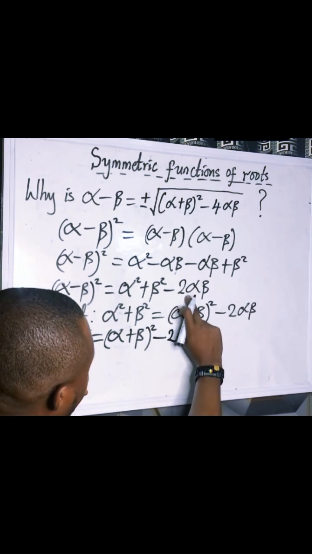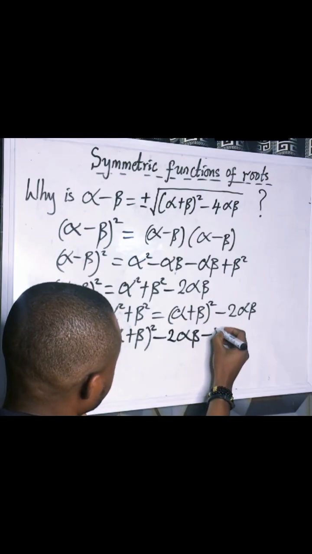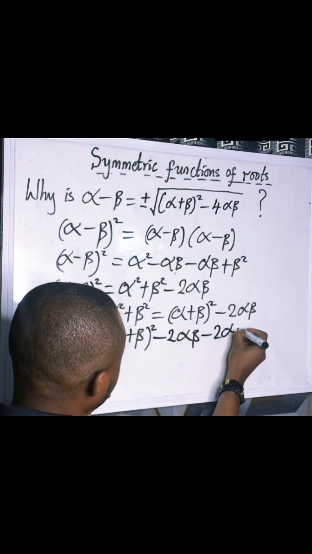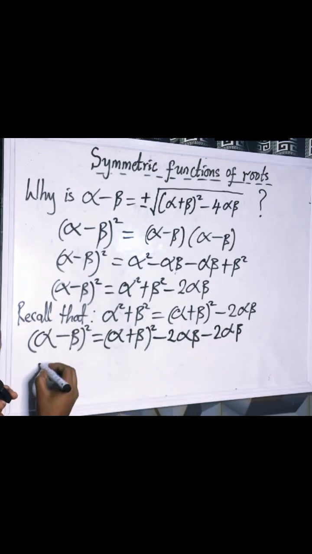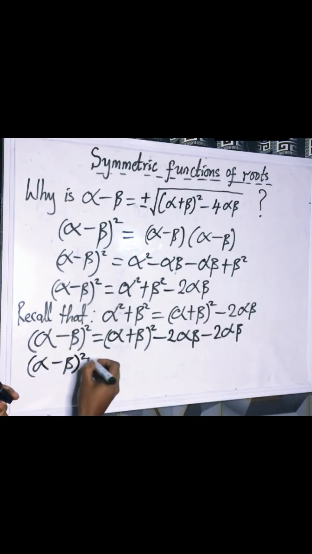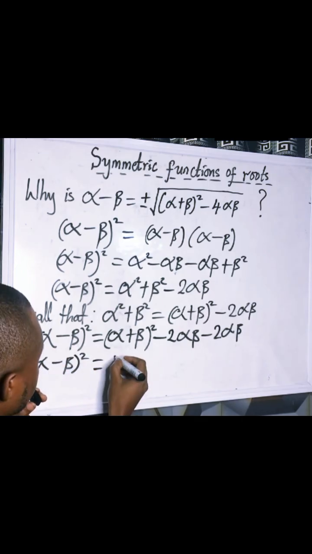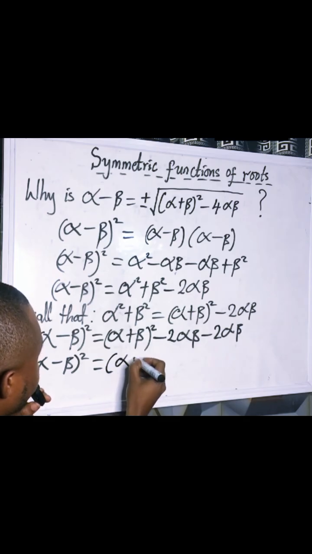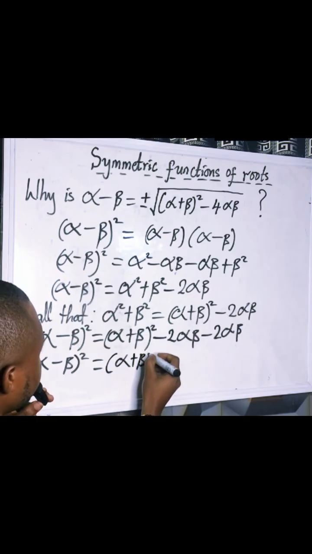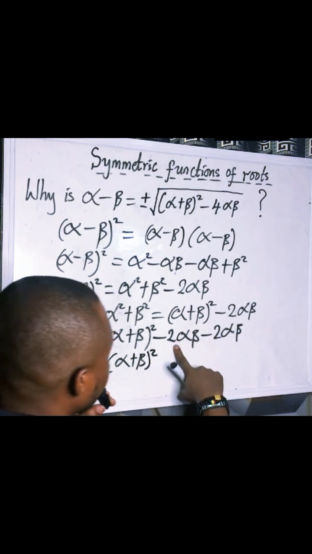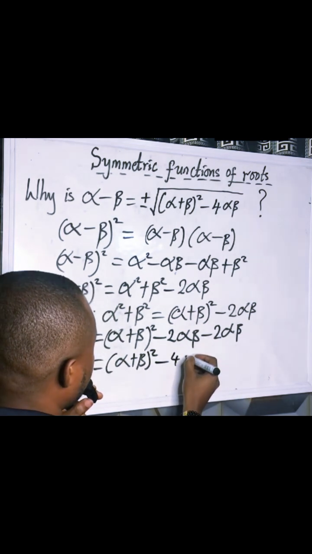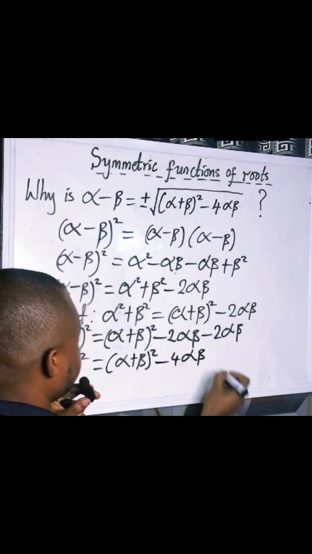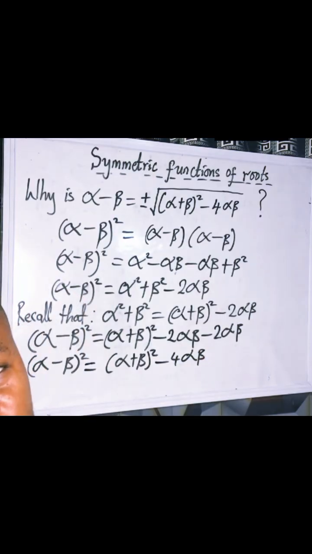By compressing these values, alpha minus beta all being squared is equal to alpha plus beta squared, minus 2 alpha beta minus 2 alpha beta, which is minus 4 alpha beta.